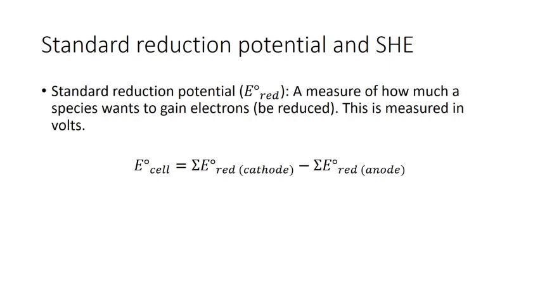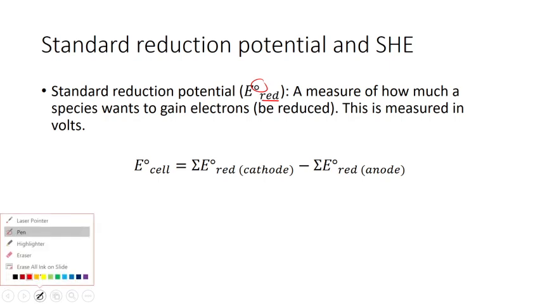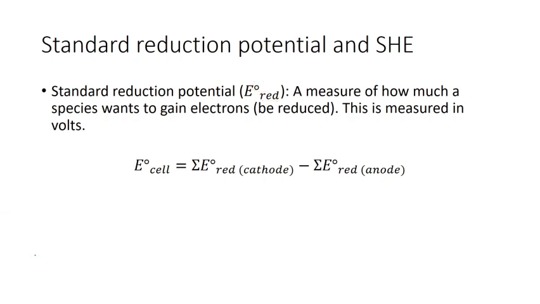So, standard reduction potential. The "red" stands for reduction, and this circle is telling you standard. It is a measure of how much a species wants to gain electrons, or its potential for being reduced.